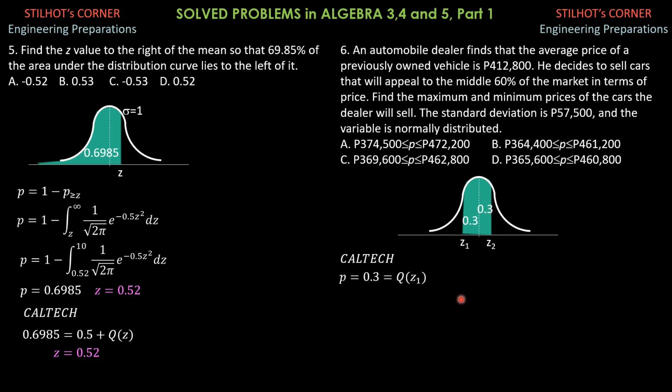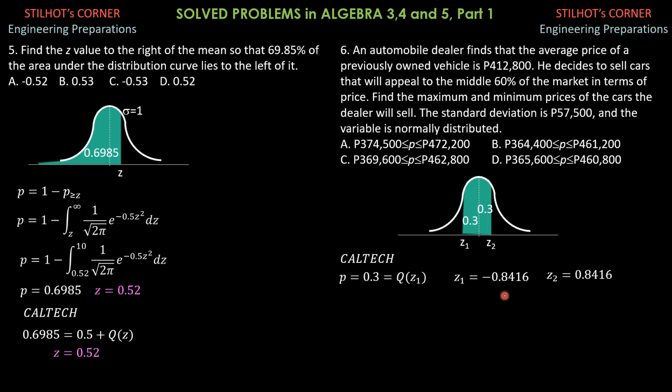So after several substitutions to 4 significant figures, the value of z1 is equal to negative 0.8416, corresponding to an area of 0.3 or almost 0.3. Therefore, z2 is positive 0.8416.